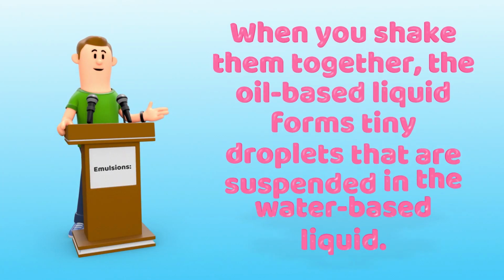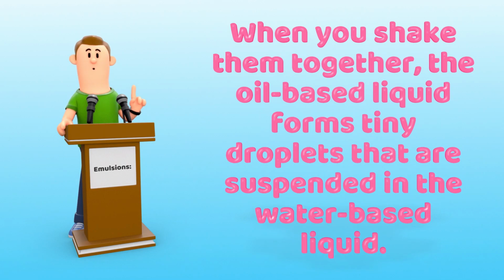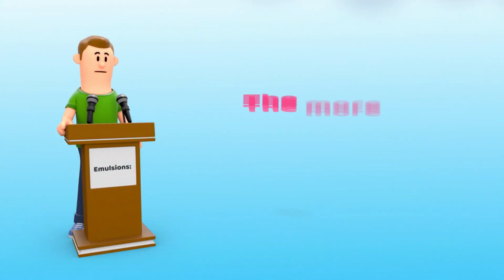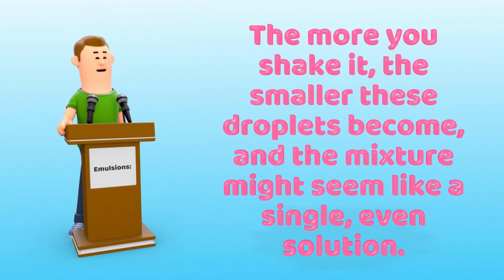When you shake them together, the oil-based liquid forms small droplets that are suspended in the water-based liquid. The more you shake the liquid, the smaller these droplets become, and the mixture might seem like a single even solution.